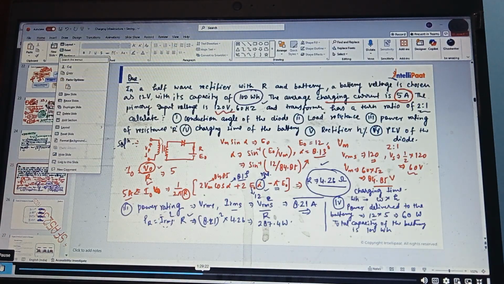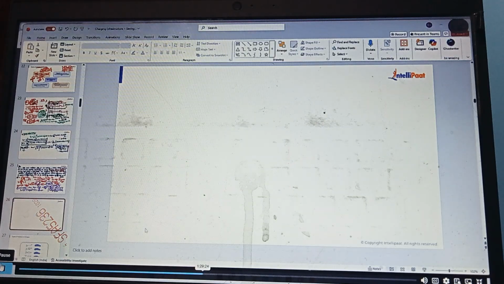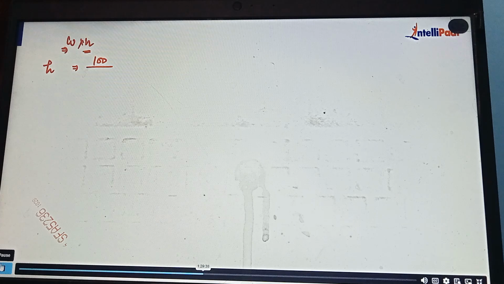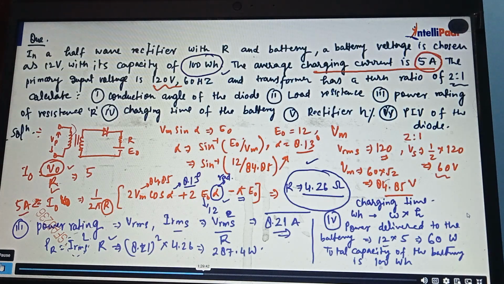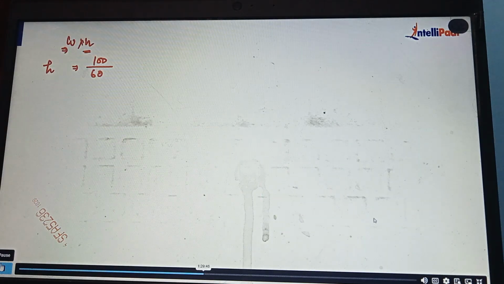As I told you, watt hour, and we have this wattage and hour. So we have to calculate the hours. So total capacity divided by the power delivered to the battery, that is 60. So 100 divided by 60, how much time will it take?